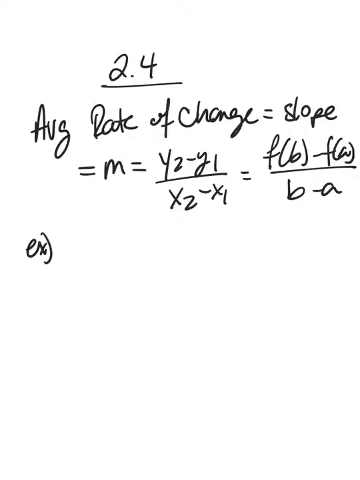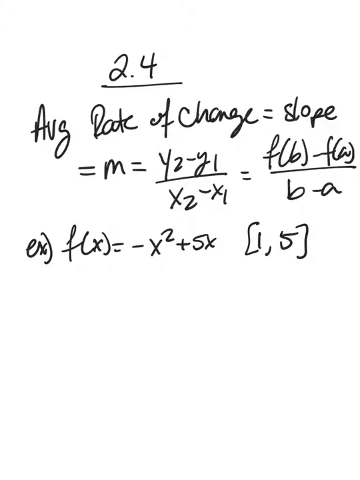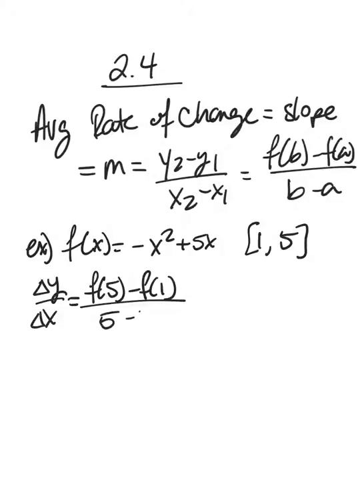So for example, if I said f of x equals negative x squared plus 5x, and I want to find the slope going from 1 to 5, it's just our change in y over our change in x, where I'll be doing f of 5 minus f of 1 over 5 minus 1.